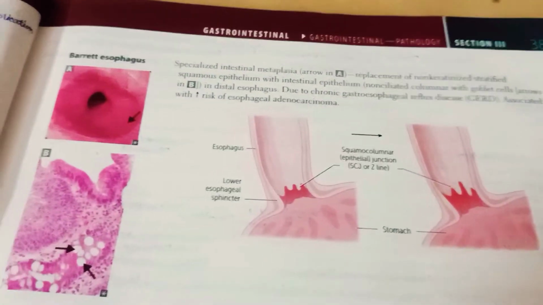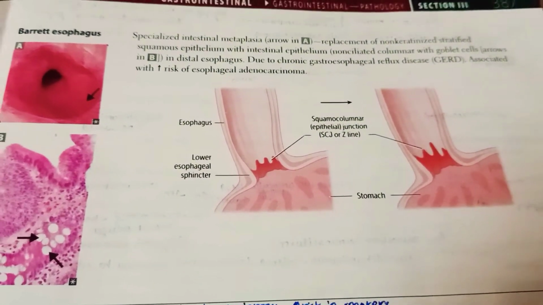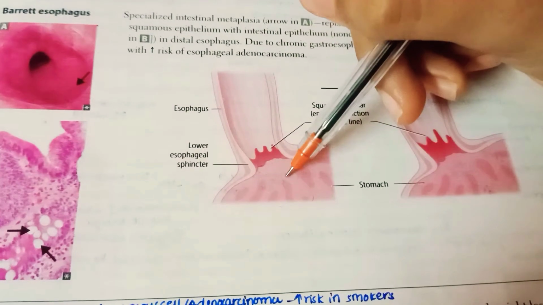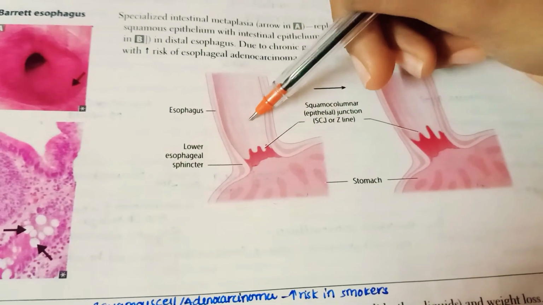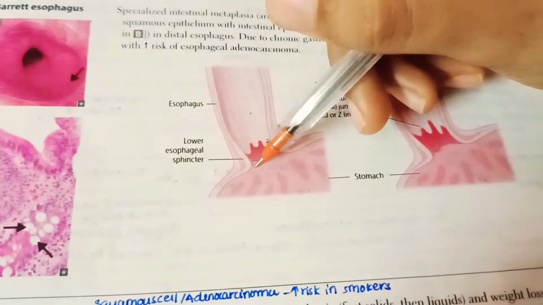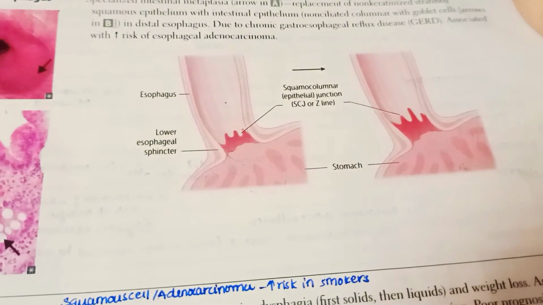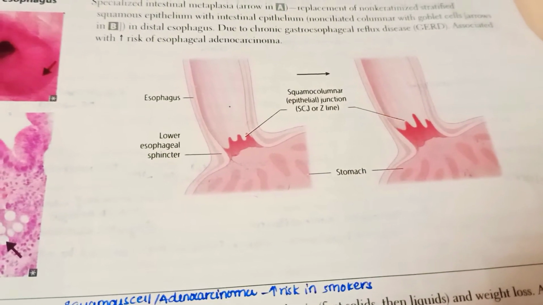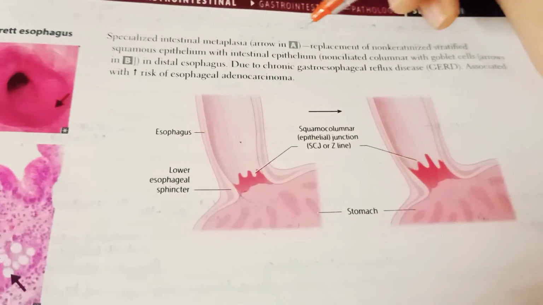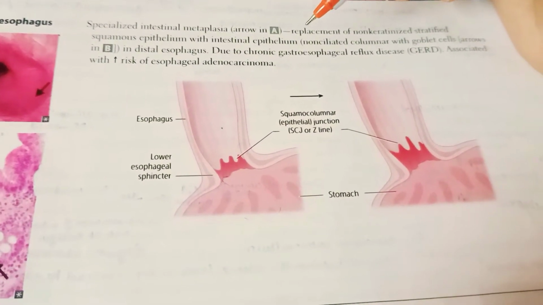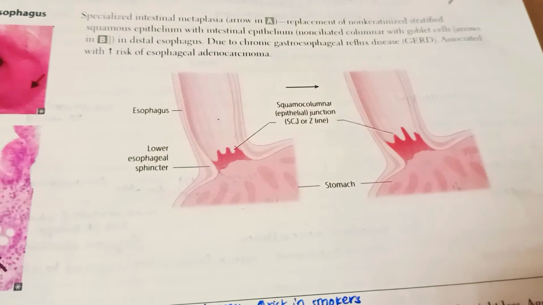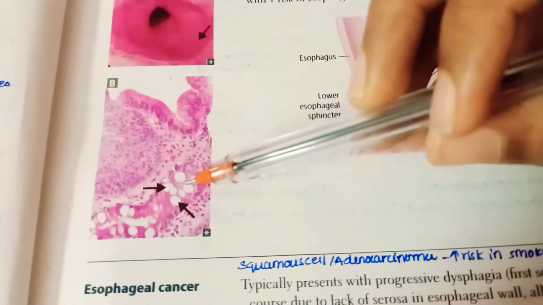Now coming to Barrett esophagus, everyone knows this. Because of GERD, a lot of stomach contents come into the esophagus, so the esophagus tries to change its epithelium. The normal non-keratinized stratified squamous epithelium is replaced with intestinal epithelium, that is non-ciliated columnar epithelium with goblet cells. You can see the goblet cells here.